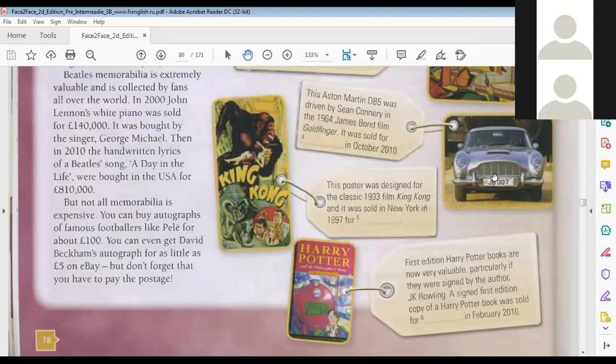It was sold for £2,600,000 in October 2010. This poster was designed for the classic 1933 film King Kong, and it was sold in New York in 1997 for £154,492. First edition Harry Potter books are now very valuable, particularly if they were signed by the author J.K. Rowling. A signed first edition copy of a Harry Potter book was sold for £15,000 in February 2010.